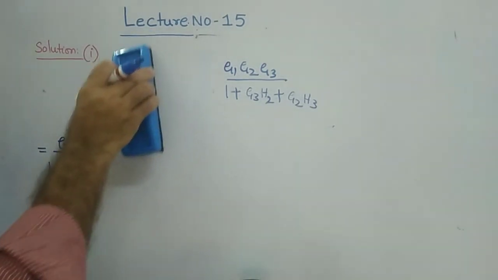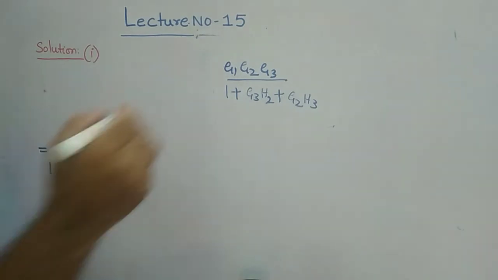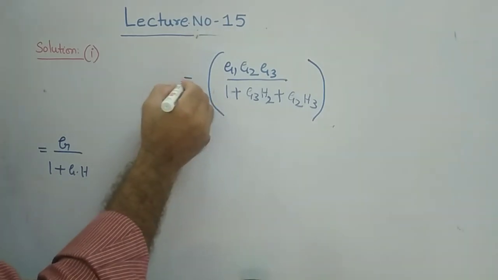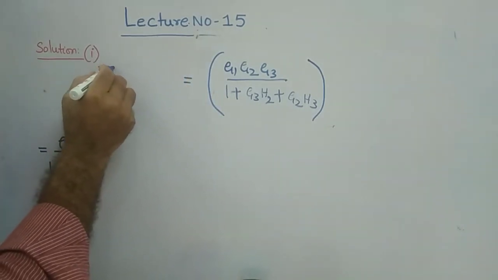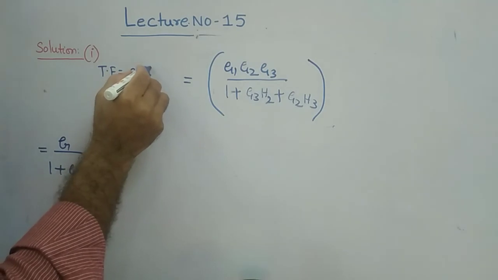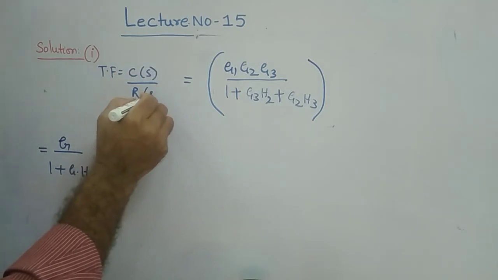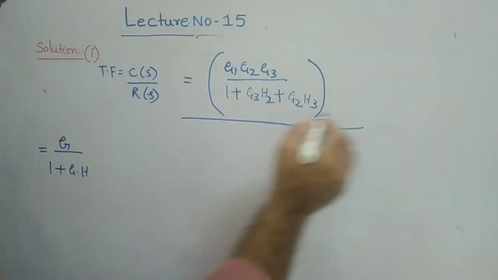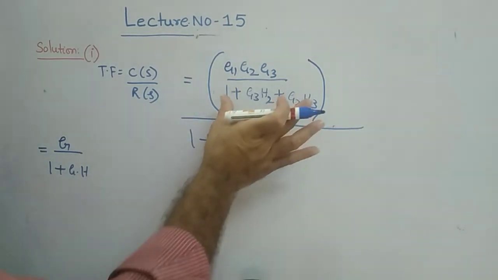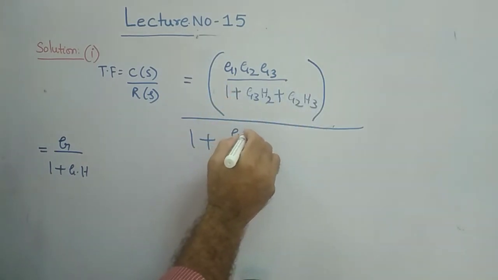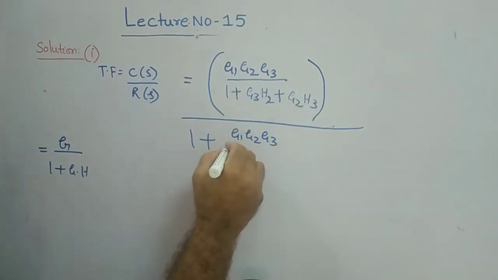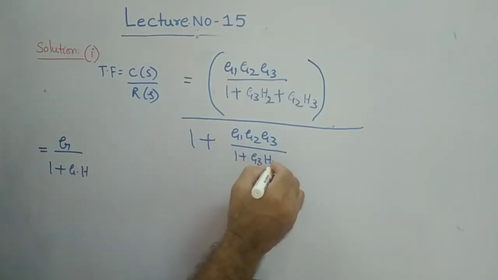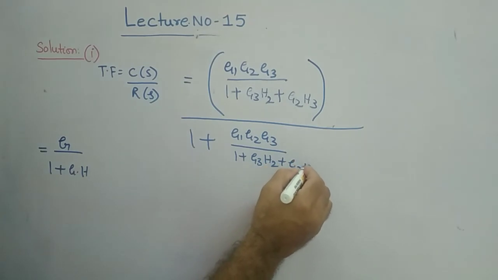Okay, and the final step, actually this is final. This entire thing is the gain, and I am going to find your transfer function. C of s by R of s is equal to this gain by 1 plus gain, which again is the same: G1 G2 G3 by the same 1 plus G3 H2 plus G2 H3.